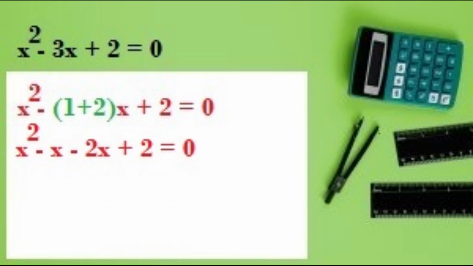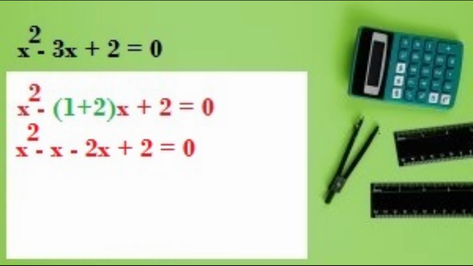You see that x square minus, in place of 3 you have placed 1 plus 2, and if you further solve it in the second line, you can see x square minus x, meaning that minus x out of the bracket will be multiplied by 1 in the bracket, and you get minus x. Similarly, minus x out of the bracket will be multiplied by 2, so you get minus 2x, and plus 2 is equal to 0.